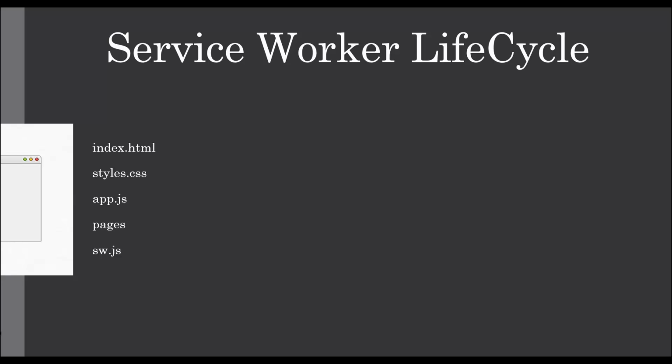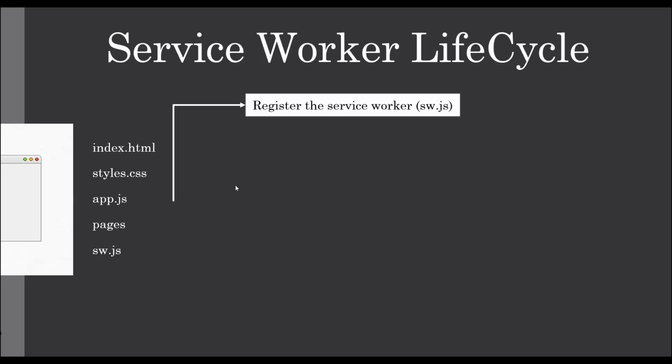So first off, for the life cycle, the app.js file will try to register our service worker, or the sw.js, and it's gonna try to invoke this install event, and we can add callback functions to this particular install event.